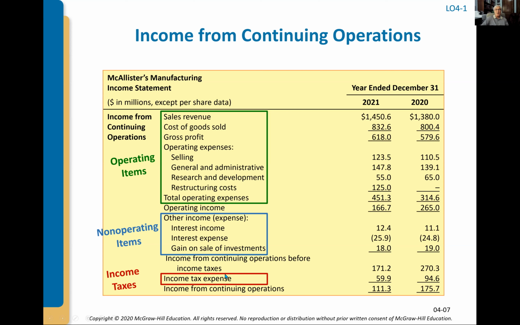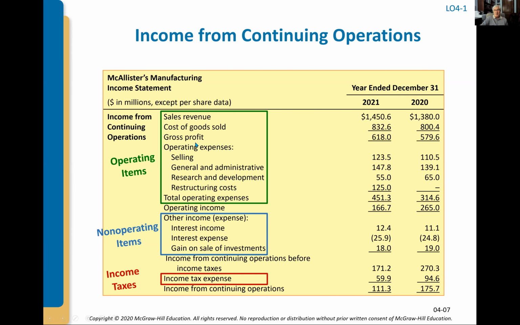In the final section of our income statement, we're going to have the income tax expense related to that. So we have income before taxes, and then income after taxes, or income from continuing operations. So you can see how income from continuing operations is broken up into three areas here.